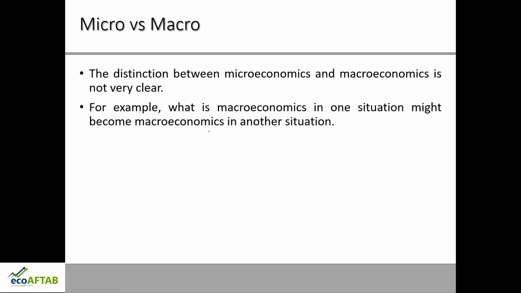So friends, when you are speaking about India's GDP, whether it is a micro study or it is a macro study. Can you just guess the answer? When you're studying India's GDP, we say that it is a macro study because GDP is the total income of the country.